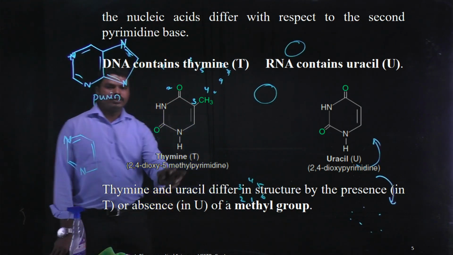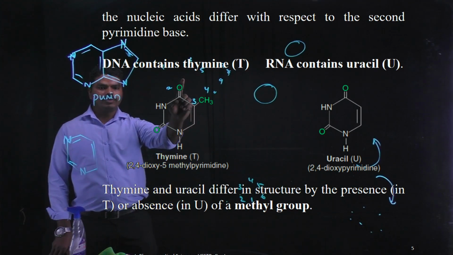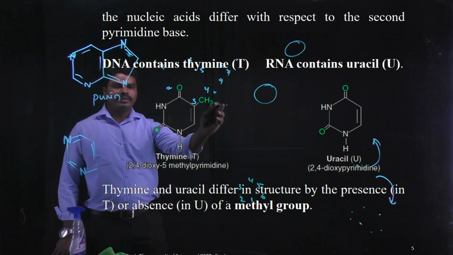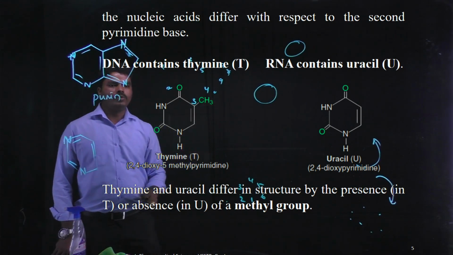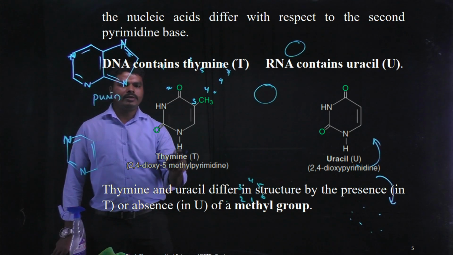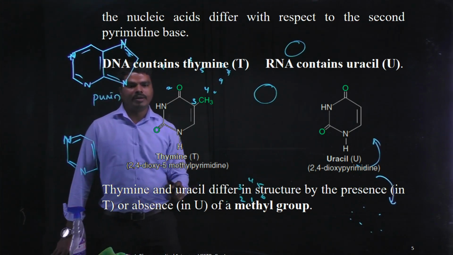Here we can see at the second and fourth positions there is a carboxyl group, and at the fifth position a methyl group is attached to the pyrimidine base. That's why it is called 2,4-dioxy-5-methylpyrimidine, also called thymine.